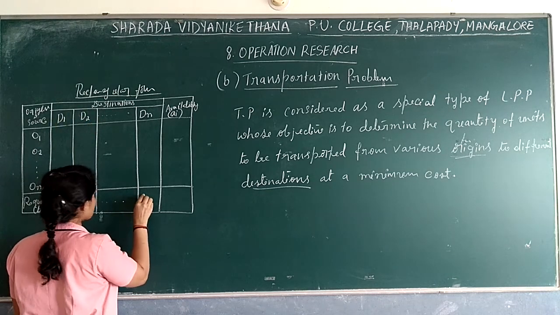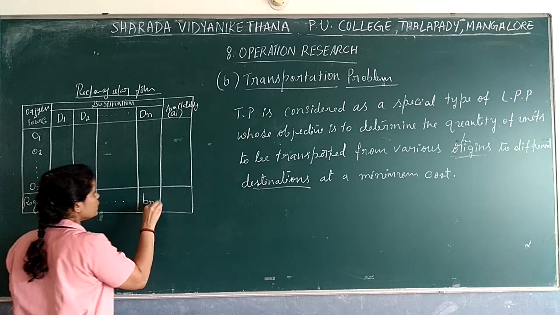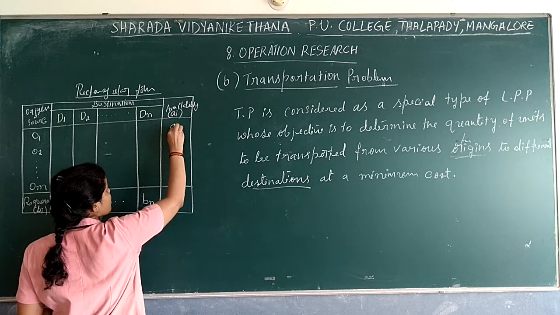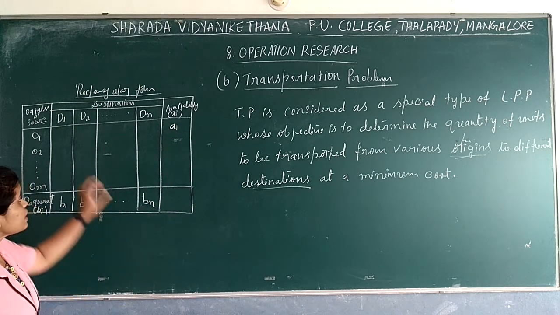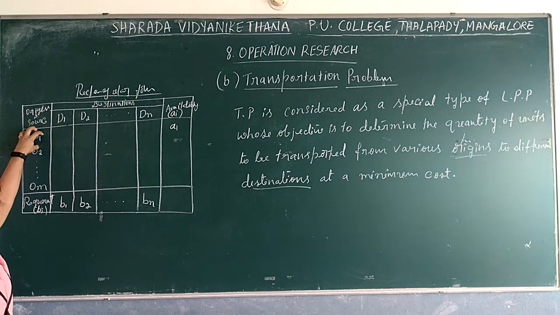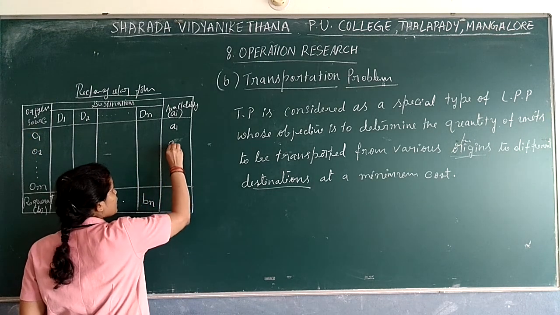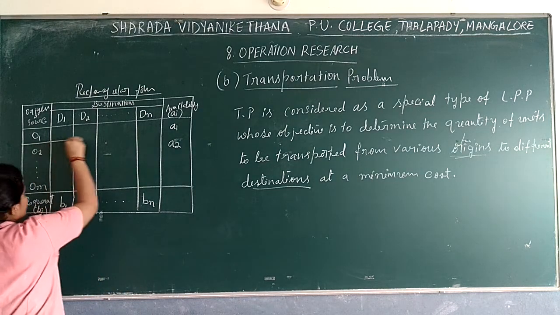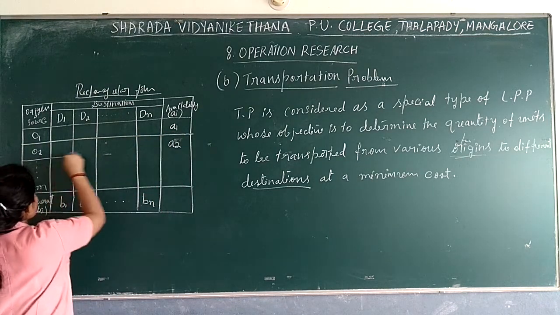Then here comes Bn, and here comes A1, availability. These many quantities are available in this particular factory. And A2, these many quantities are available in this particular factory. These are the availabilities.